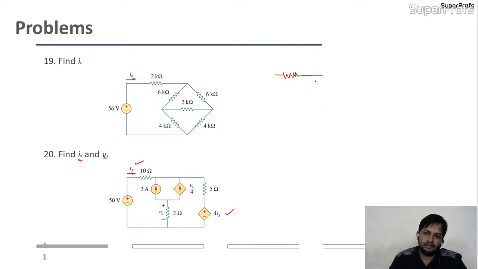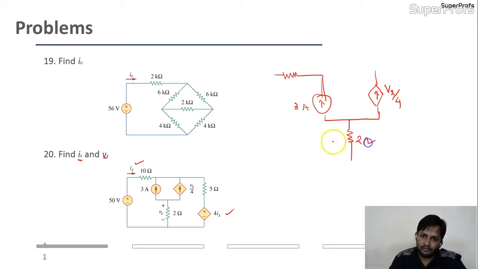We'll do the micro analysis of this circuit. 3 ampere. Fine. Yeah, Vx by 4. Fine. Here the voltage drop is Vx. Is it okay?